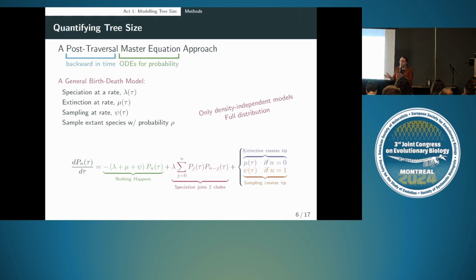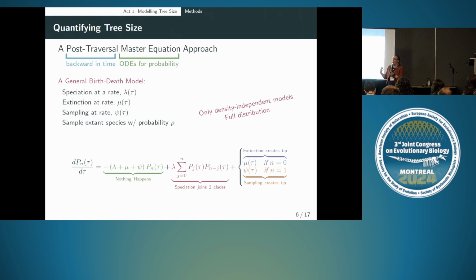This is very, very convenient. We've learned as evolutionary biologists that lots of mathematical things are easier calculated backward in time. But it has a disadvantage that it only can see what happens in the future, not what happened in the past.